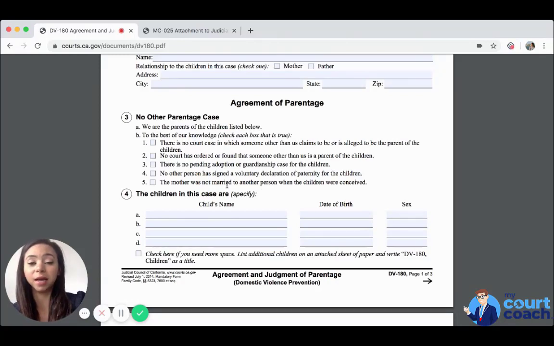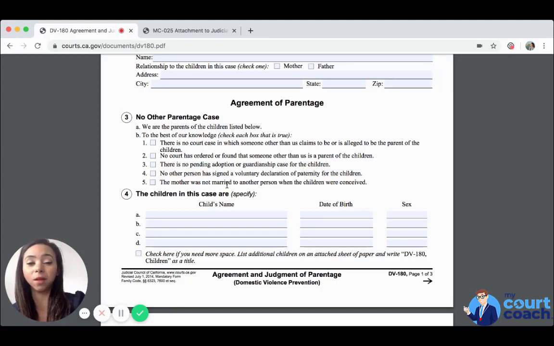It means that if mom was married to her husband and let's say she had an affair and ended up getting pregnant by somebody else, well, by law, that child is actually the product of the husband and wife relationship, even though she had the kid with somebody else.